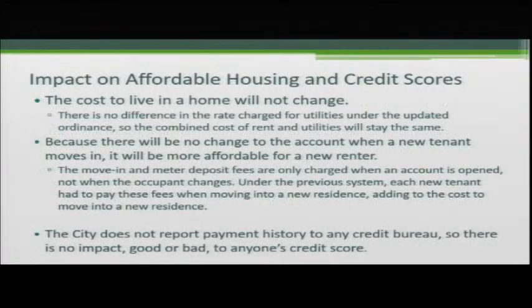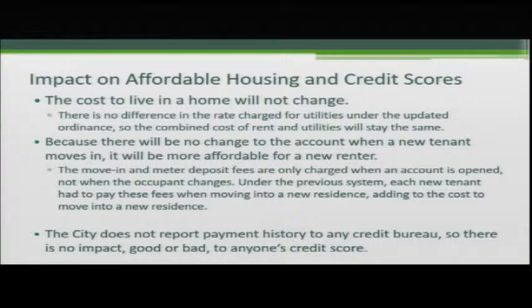There's been some talk about affordable housing and what these changes will mean to that. At the end of the day, there's no net cost change expected to the tenant. In fact, long term, this will be a benefit to the tenants that are renters. The owner sets up an account. That account remains active forever until it's either sold or transferred to a new owner.